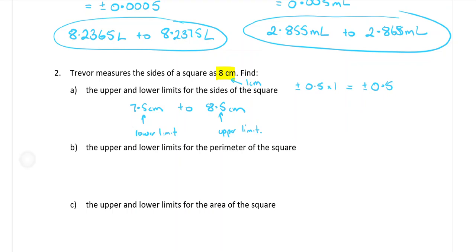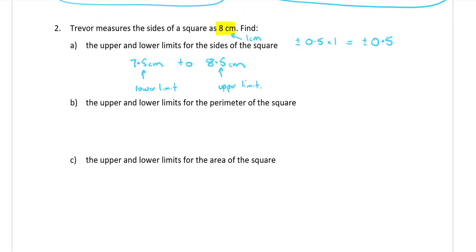So if I then proceed to part B, we want to find the upper and lower limits for the perimeter of a square. So if you want the lower limit for the perimeter, you would use the lowest measurement, which is 7.5. The perimeter of a square would be 7.5 times by 4, which is 30 centimetres.